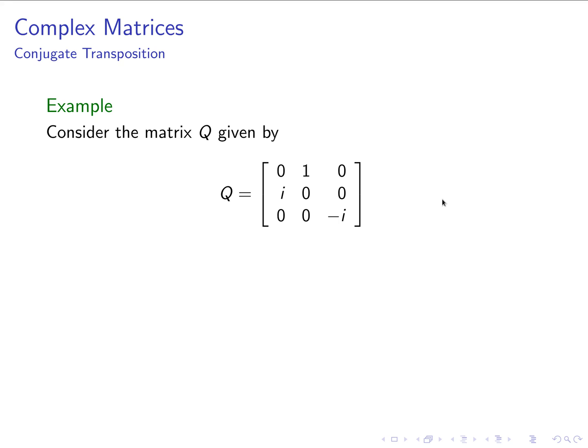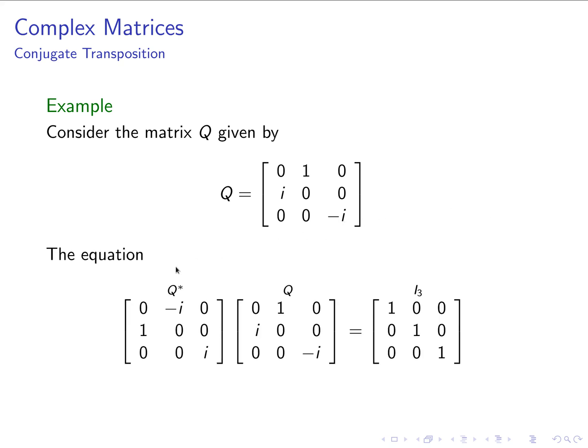Here we have another interesting example. We're defining a matrix Q to be 3 by 3, and all of the entries are 0 except 3 of them. In the 2, 1 position, we have the number i. In the 1, 2 position, we have the number 1. And in the 3, 3 position, we have the number negative i.